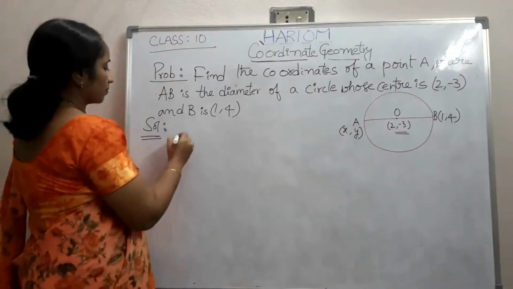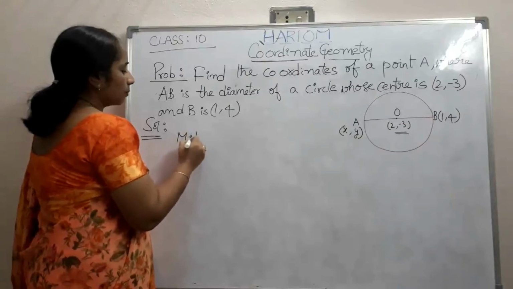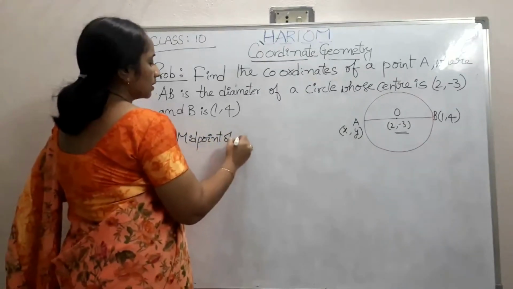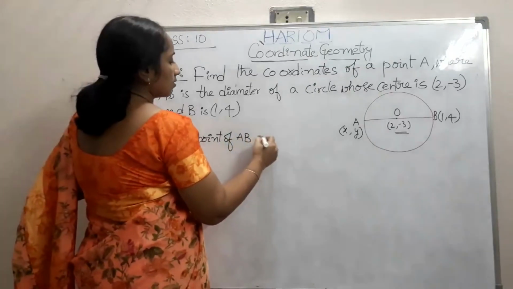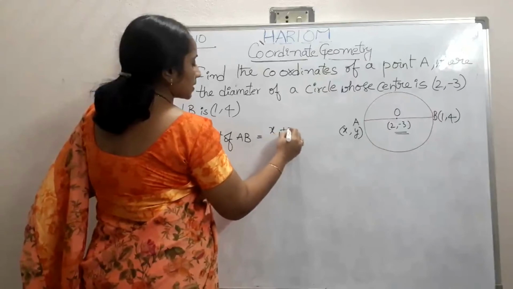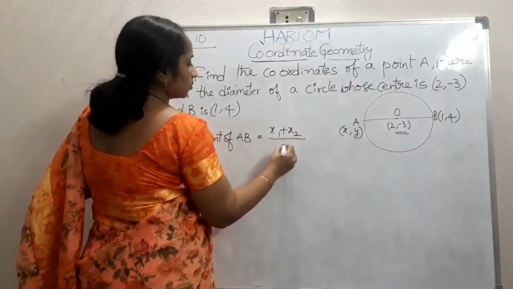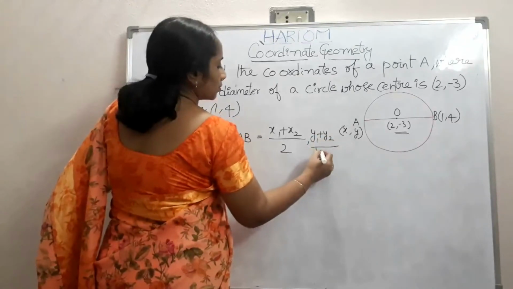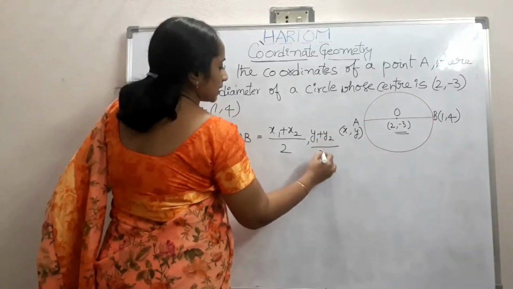So here by using the midpoint, the midpoint of AB is equal to x1 plus x2 by 2 and y1 plus y2 by 2. Which case is it here?